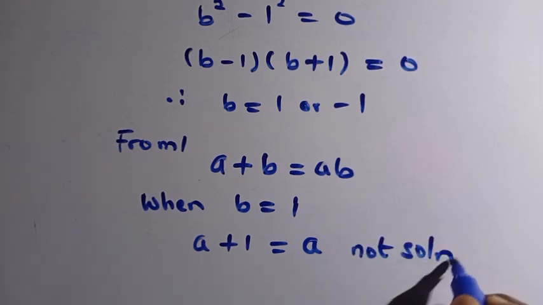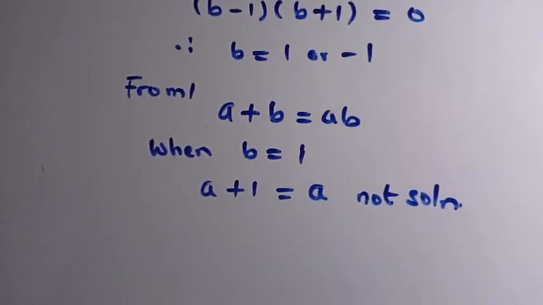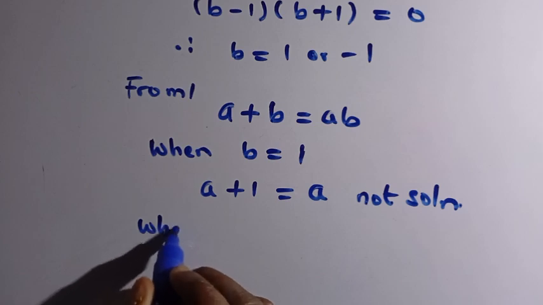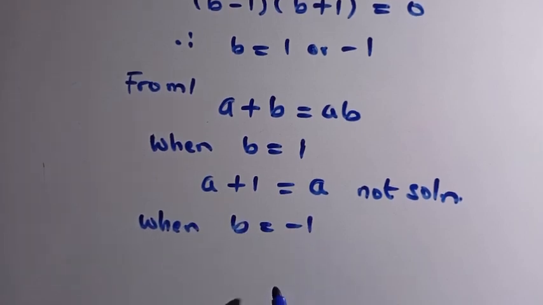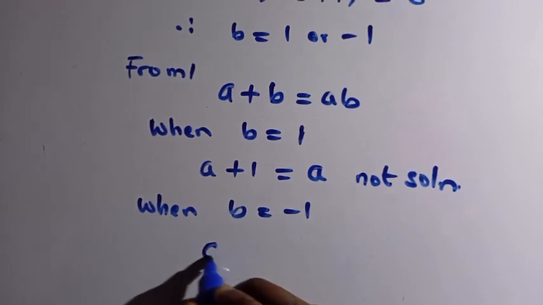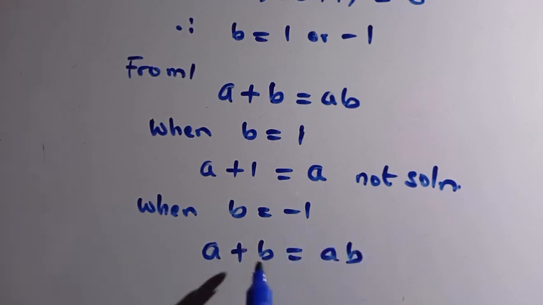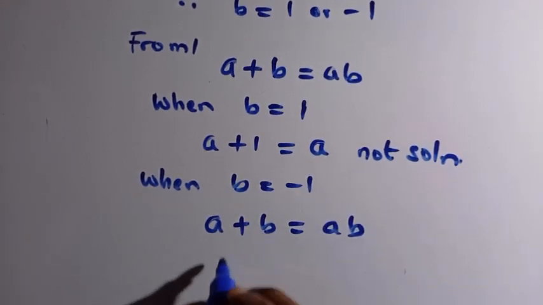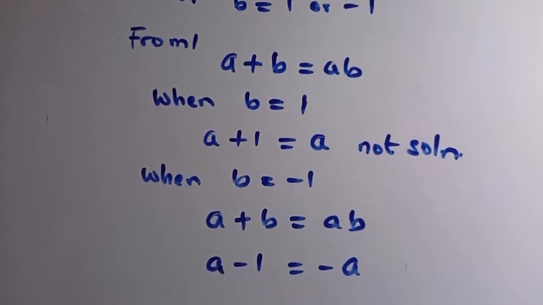So this is not the solution here. Then we also go for when b equals minus 1. We try and substitute it in equation 1. So we have a plus b equals ab. And when b equals minus 1, here becomes a minus 1 equals minus a. Then let's collect the like terms.